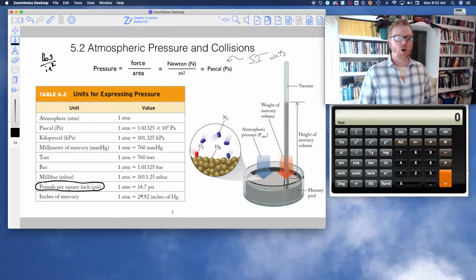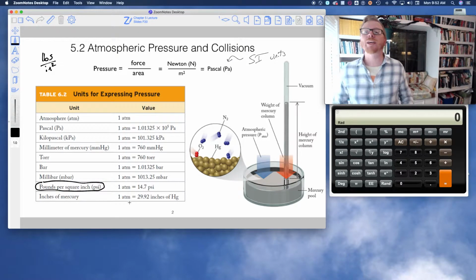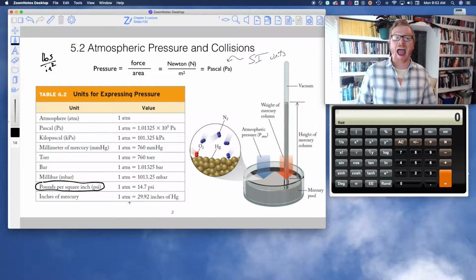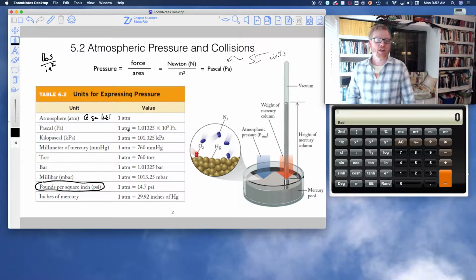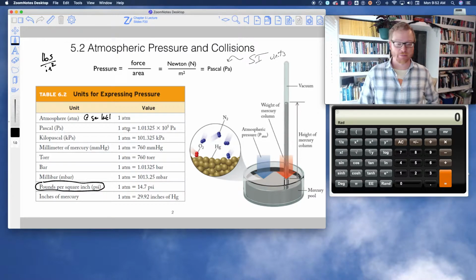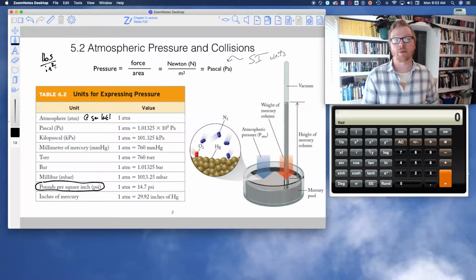And it's important to note here, atmospheric pressure, what we experience at sea level, 1 atm, assuming there's no weather systems changing the pressure, is the same thing as 14.7 pounds acting over a 1 square inch area.